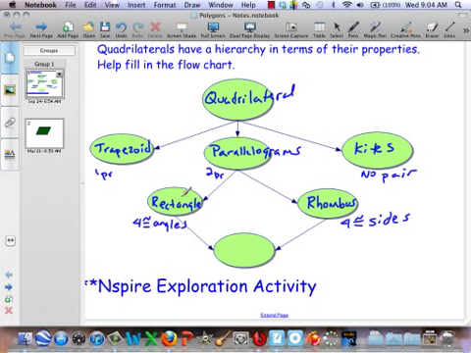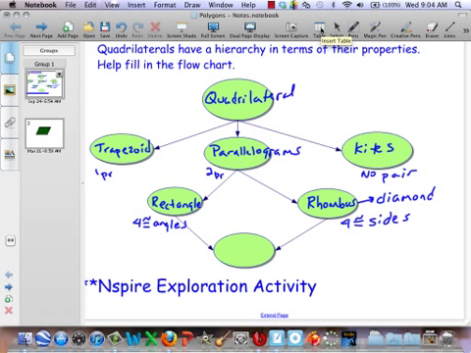So the rectangle is a child of parallelograms, and therefore it carries all the characteristics of parallelograms into the rectangle. And the same concept applies for a rhombus. For those of you who are not sure what a rhombus is, we would call it a diamond. If you play cards, the diamond on a card is definitely a rhombus.